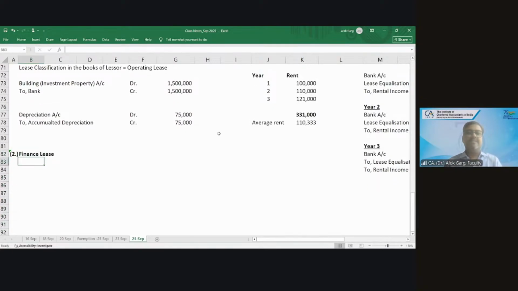What is the concept of finance lease? So let's discuss with some scenarios. We'll first discuss scenario number 1. Then I'll discuss scenario number 2. Scenario 1.